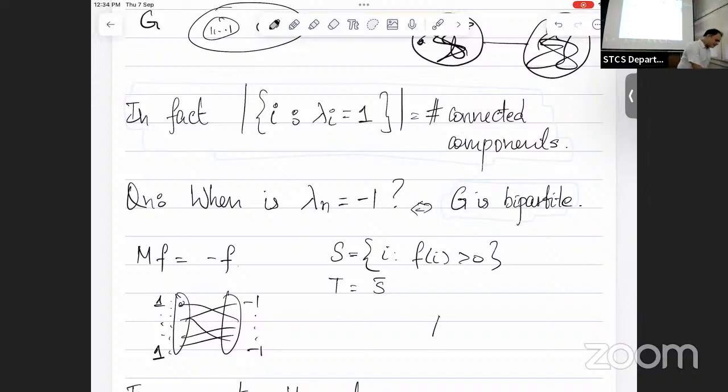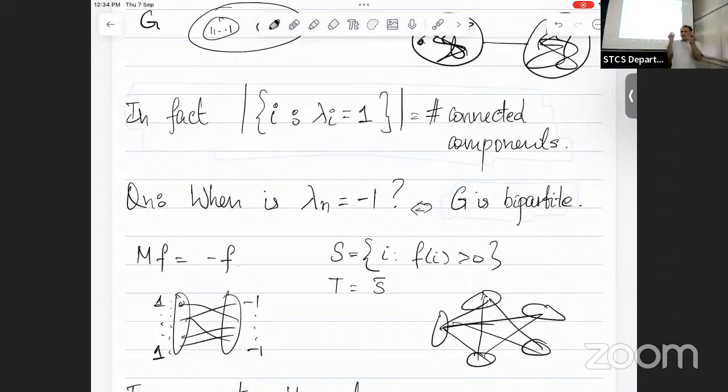That is, there's a bunch of subsets and all edges only go across; there are no edges within blobs. Now this is of course a bipartite graph, because I can think of this as one partition and this as the other partition. But having multiplicity at -1 sort of refers to the k-partiteness. Like how partite is your graph?